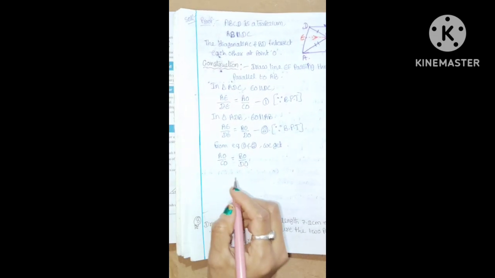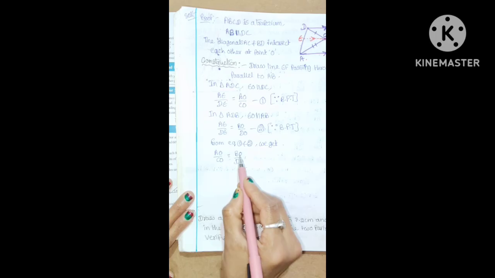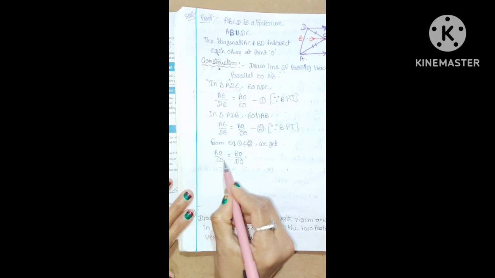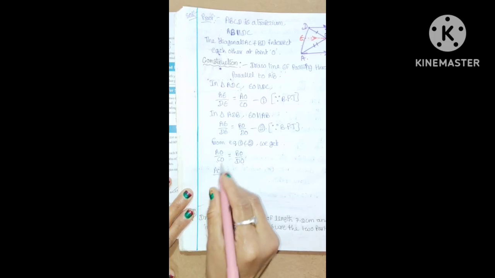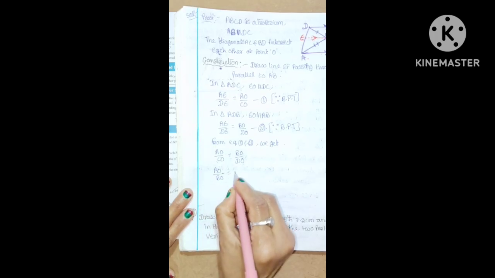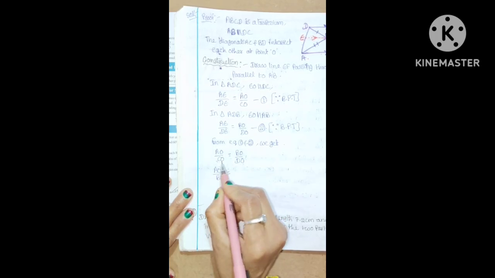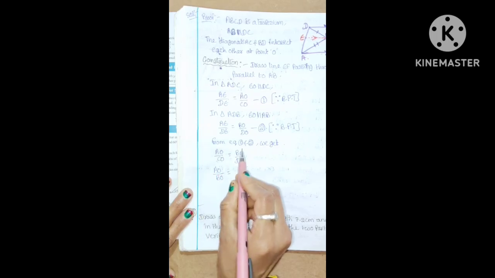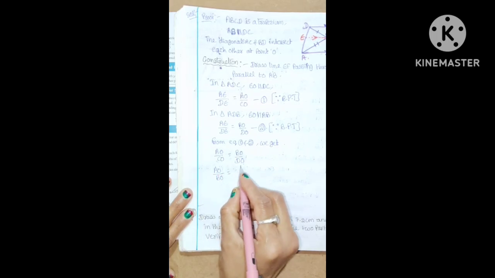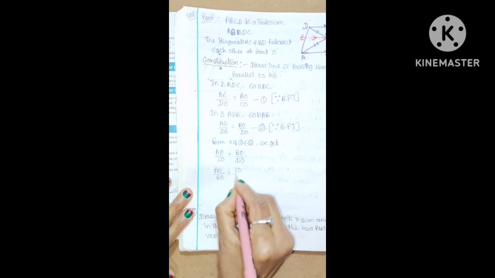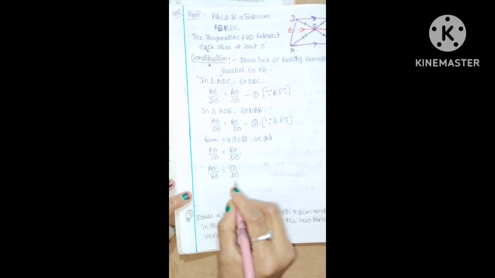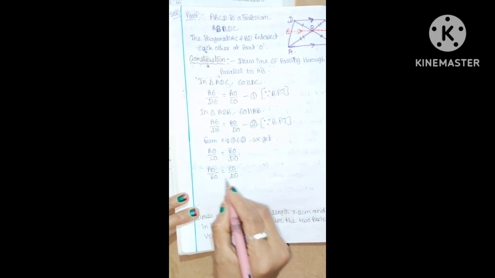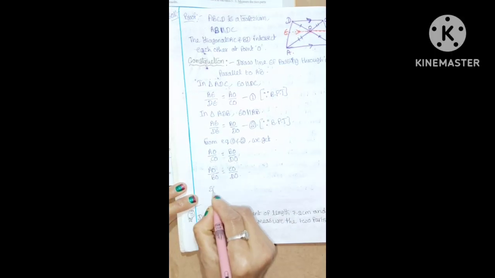So BO after the equal sign transfers to before the equal sign, and multiplication becomes division. And CO before the equal sign, transferred after the equal sign, becomes multiplication. So CO by DO. Are you clear? Are you understood? So hence it is proved.